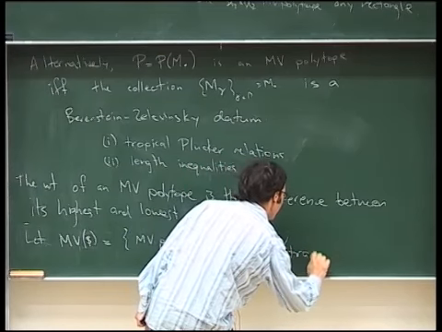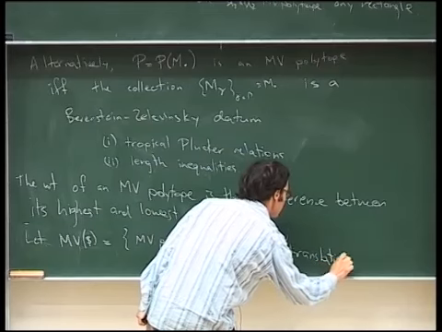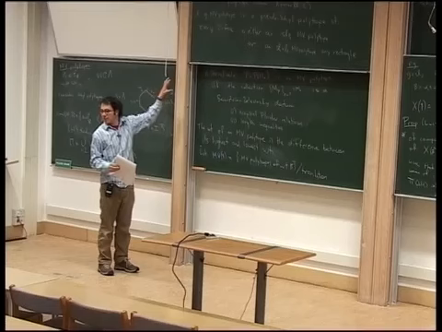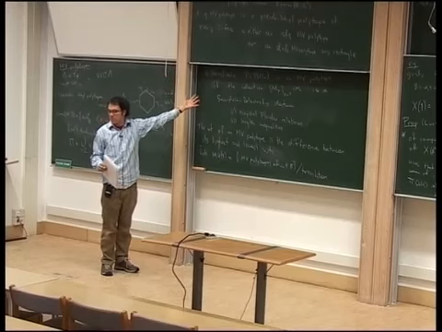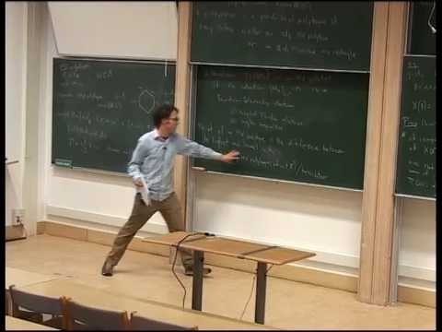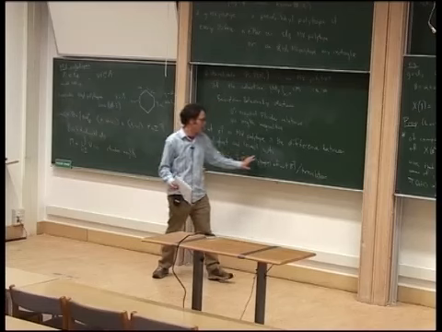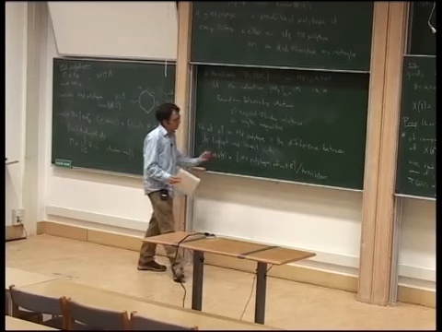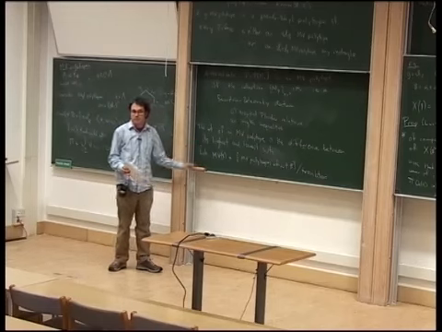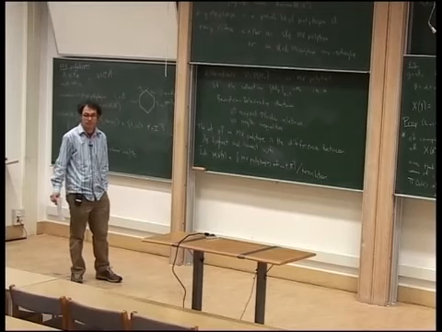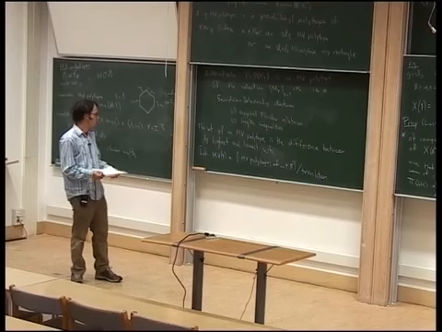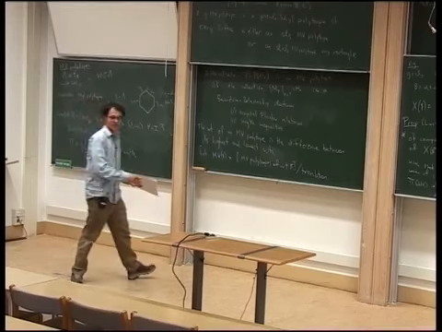If I take my MV polytope and translate it around by the weight lattice, all these criteria will still be preserved, so it will still be an MV polytope. This set would be infinite otherwise, so let me mod out by translation. Two are equivalent if they're related by a translation. What are the highest and lowest weights? Just vertices. Yes, the difference between the highest and lowest vertices.